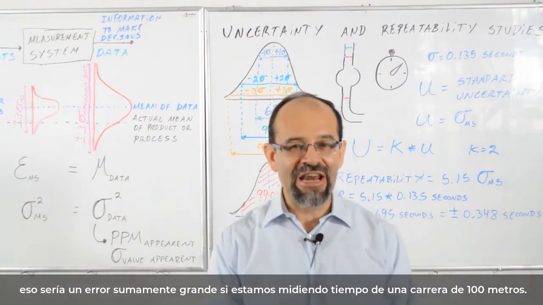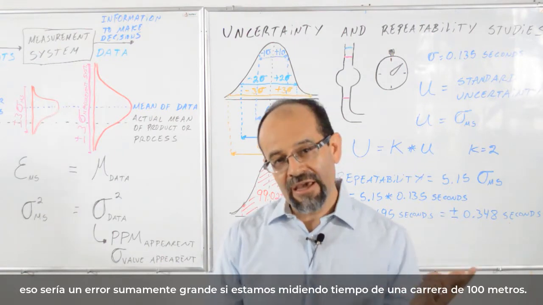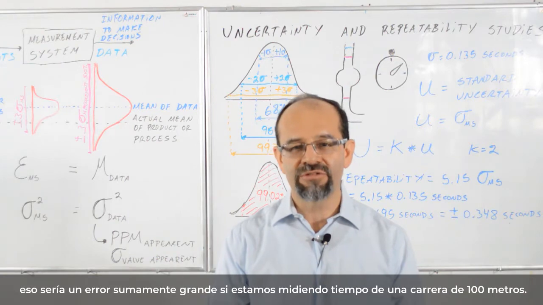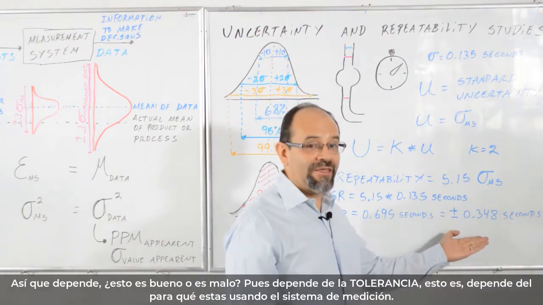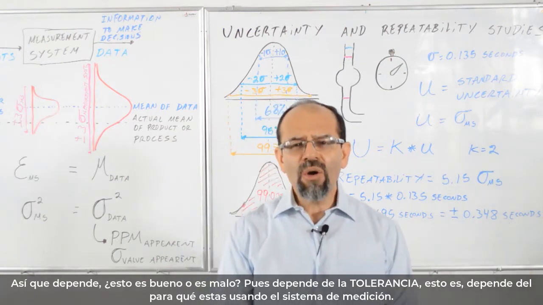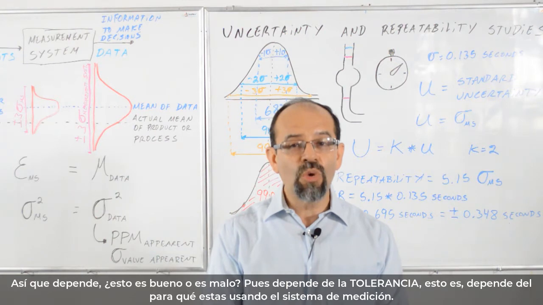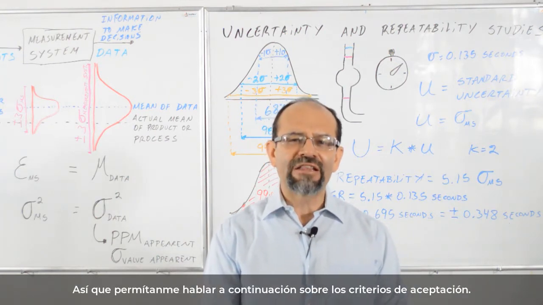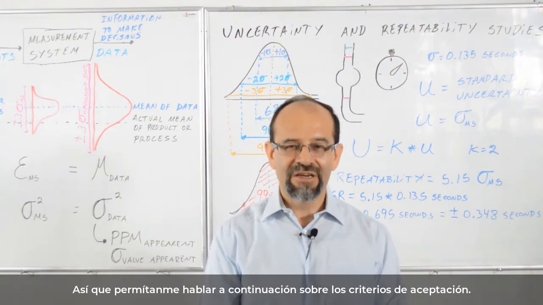That's a really big error if we are measuring time in a 100 meter run. So, is this good or is it bad? It depends. It depends on the tolerance, on what you are using this for. So let me talk about the acceptance criteria. Let's do that.